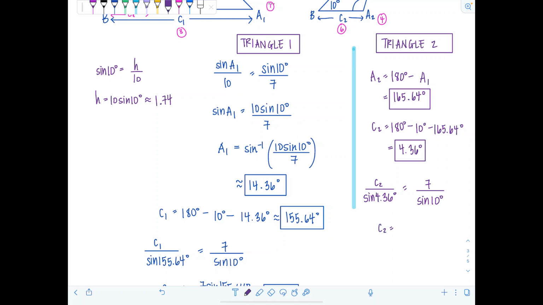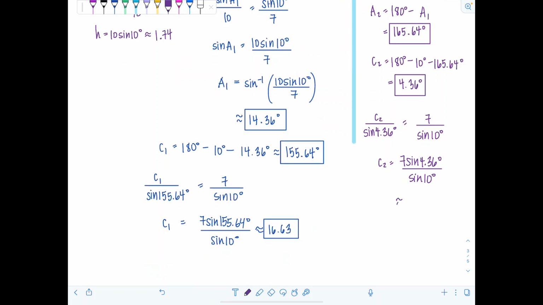So C2 is 7 sine 4.36 over sine of 10. And let's see, this is going to be about probably something very small, right? So 7 sine that last number divided by sine of 10, 3.066, so 3.07.